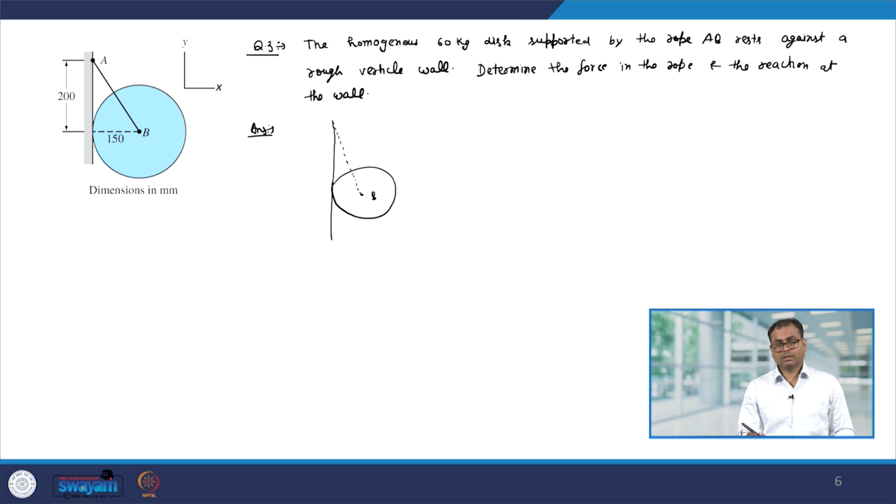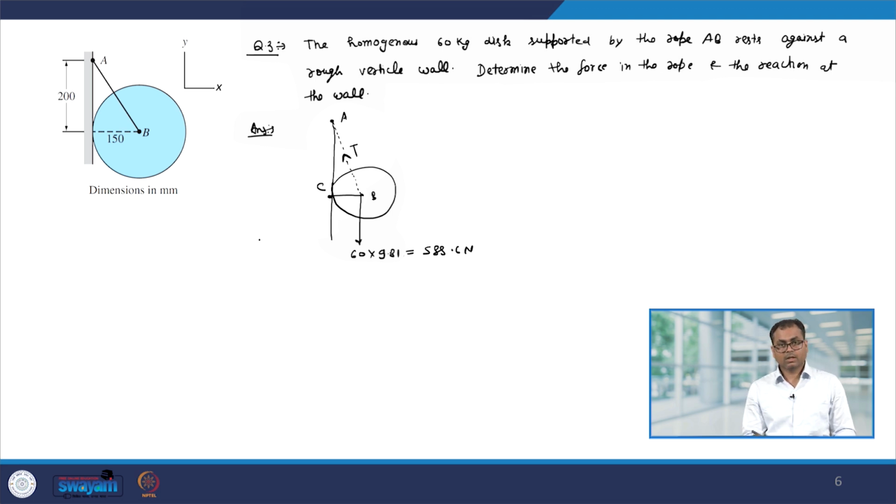Therefore, the tension in the rope is going to act in the upward direction, and this point is C, this point is A. Now, its weight is going to act downward, it is 60 kg. So, 60 multiplied by 9.8, it is 588.6 Newton.